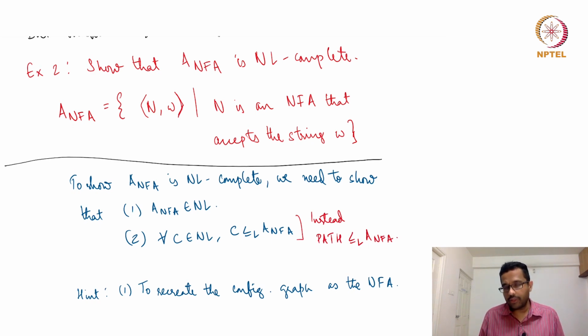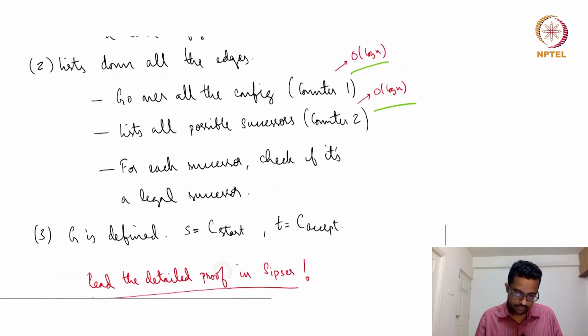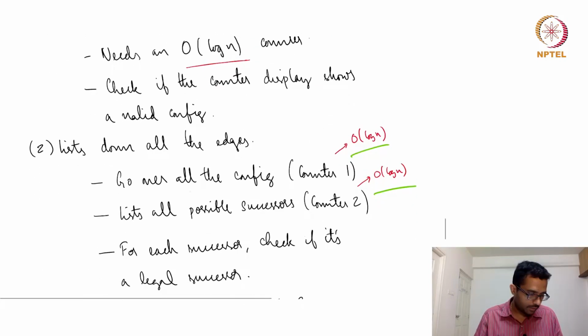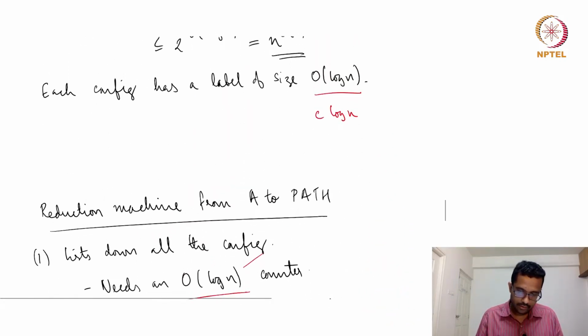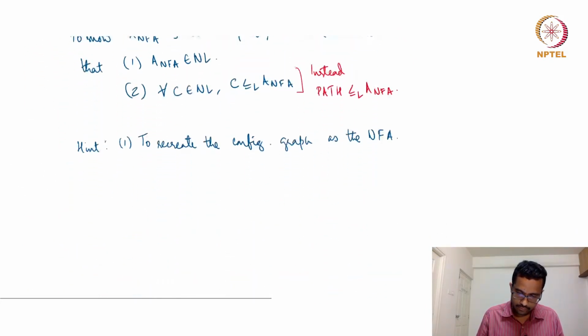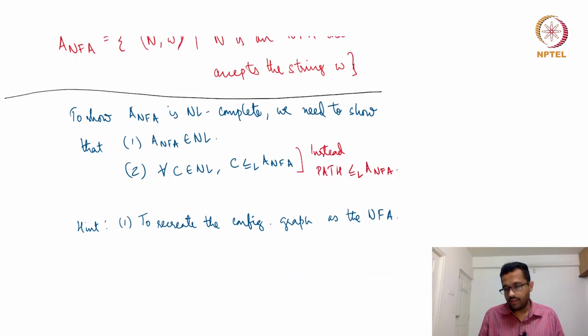So now that we have an NL complete language, we can reduce that NL complete language to whatever languages we desire. So we just need to show path reduces to ANFA.